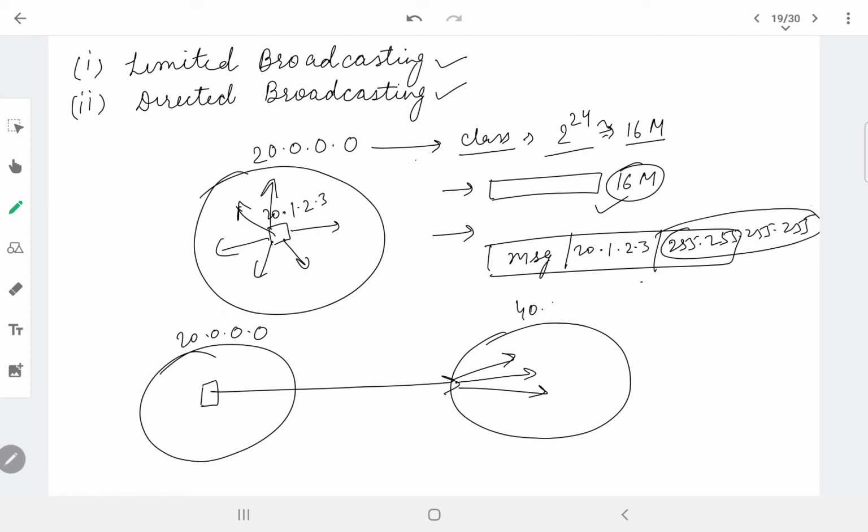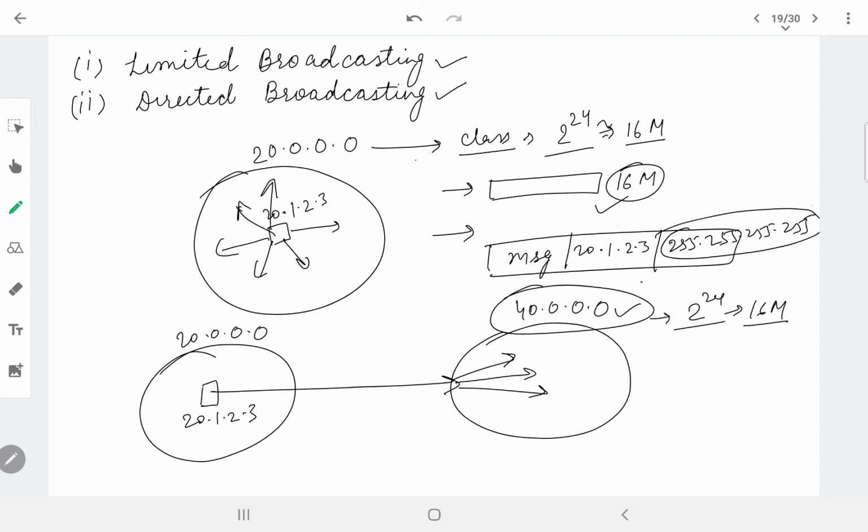So if this is 40.0.0.0, this host 20.1.2.3 will try to send a message to all the other hosts present in this different network. But again the same problem happens, because 2 to the power 24 hosts will be present in this 40.0.0.0 network, approximately 16 million hosts, and this host cannot send 16 million packets.